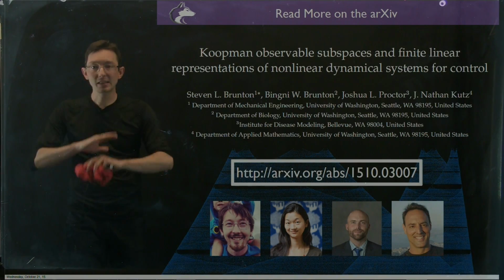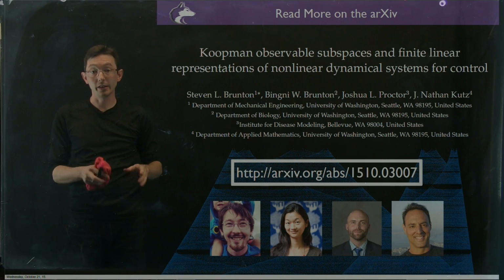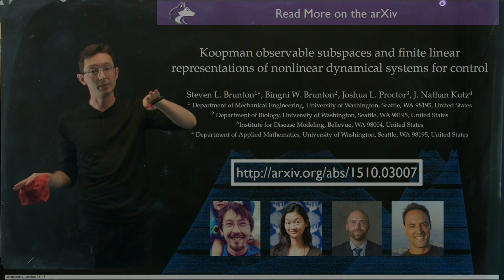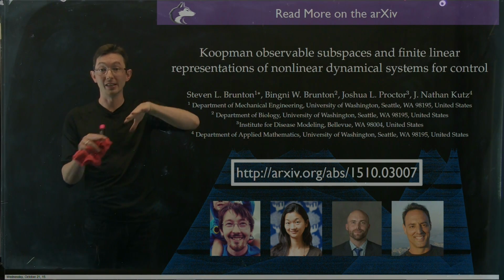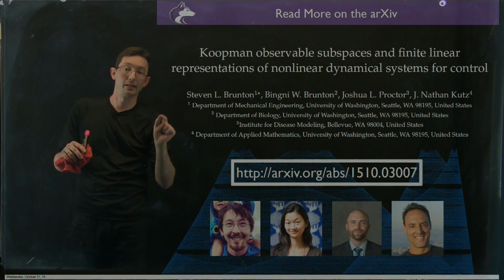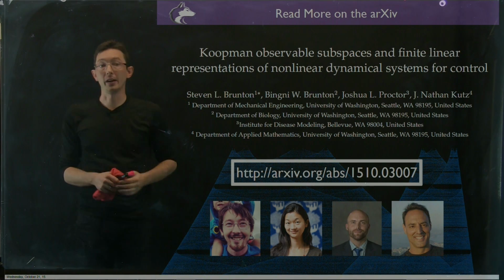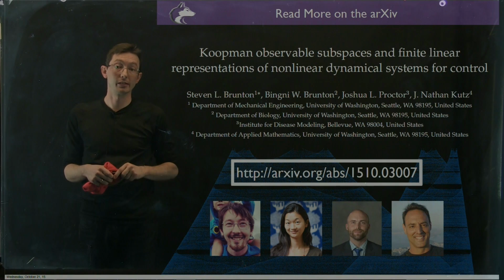Okay, so this has been a fast overview of how we can look at nonlinear dynamical systems in terms of these finite dimensional Koopman observable subspaces. In particular, we want subspaces that include the state itself, because then we get a linear system that evolves our state. And if we can find that, then we can do some really neat optimal control on this Koopman linear system.